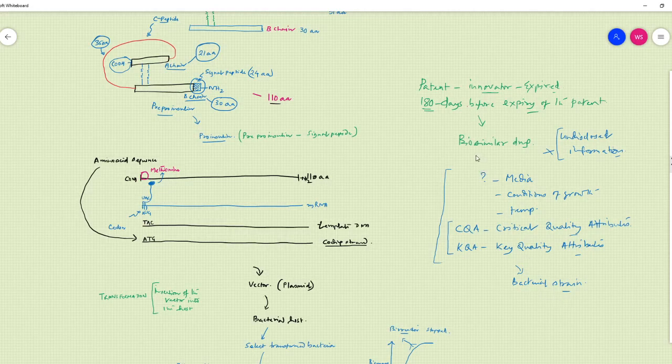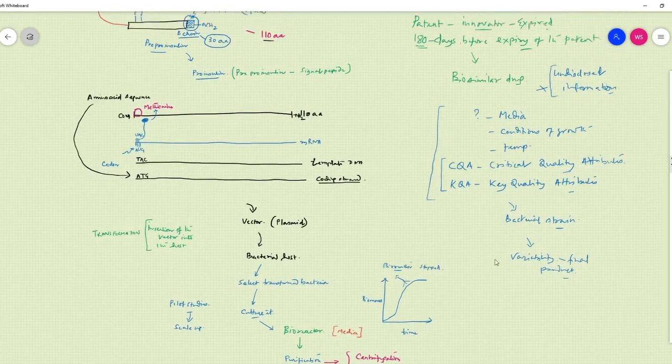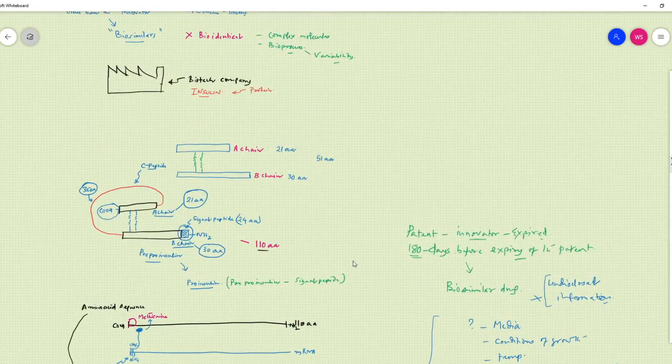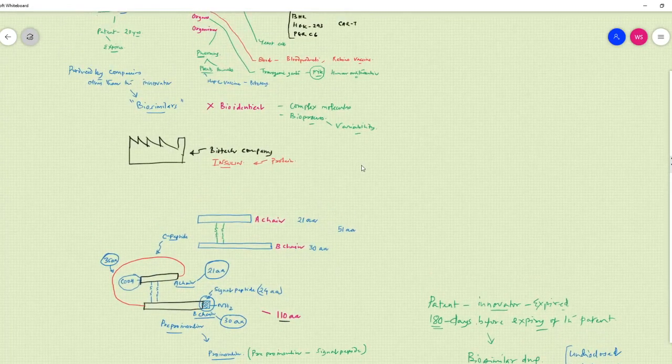So the company that is going to produce a biosimilar drug has to do all these things, which brings about a variability in the final product. So that is the reason why a biosimilar is not bio-identical.